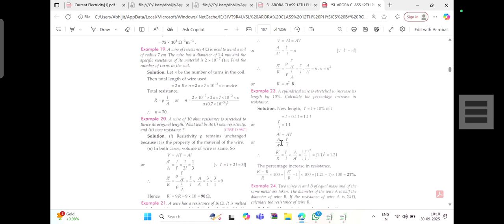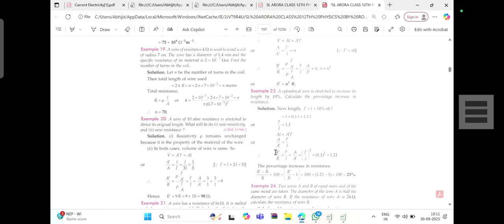So A by A prime is equal to L prime by L. The value of L prime by L is 1.1, and R by R prime is equal to L prime by L into A by A prime. That is already discussed in the previous class.